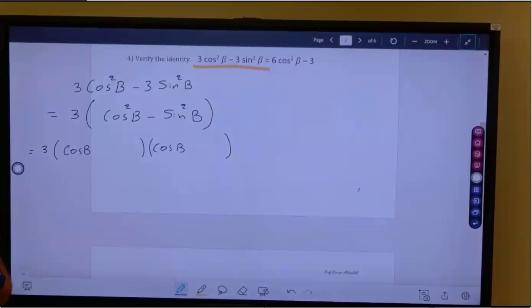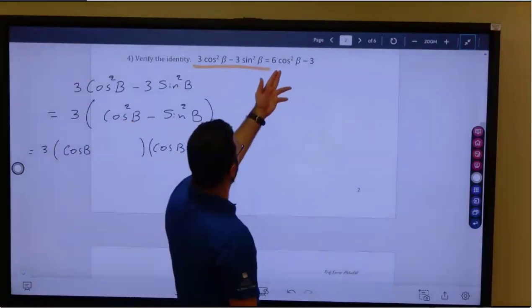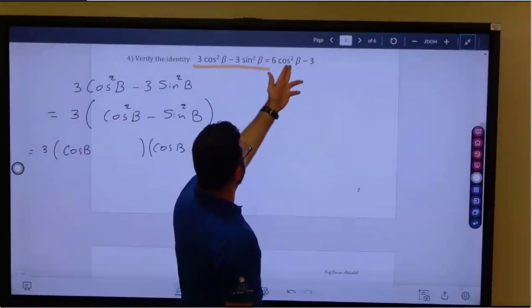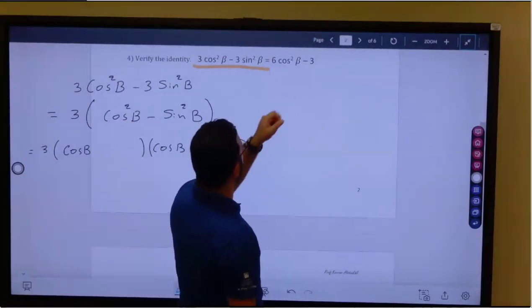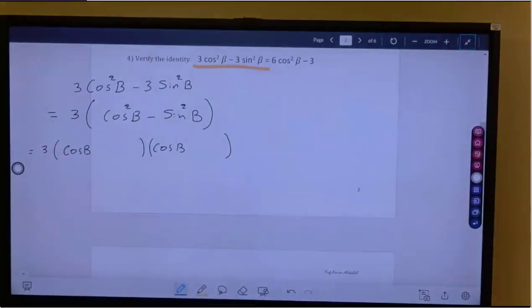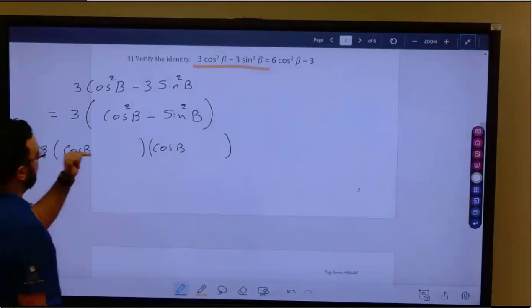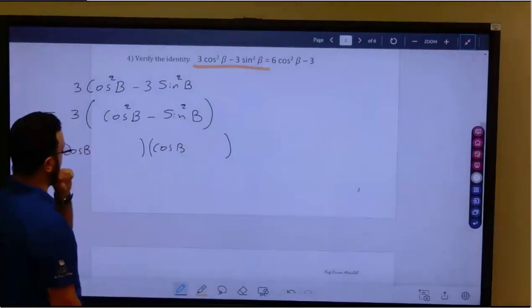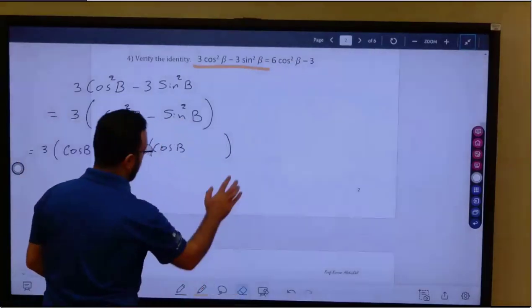Do you think this one's going to work? Because if you're using difference between two squares, you're not going to get the same result, which is 6 cosine square beta minus 3. In this case, we can't use the difference between two squares, but I can use one of the identities here.